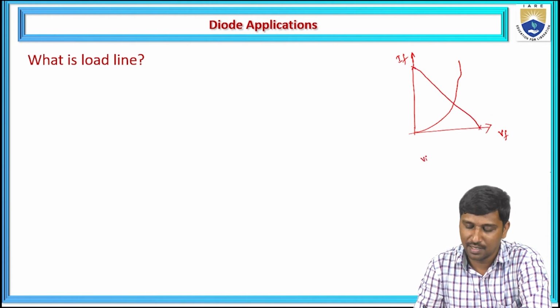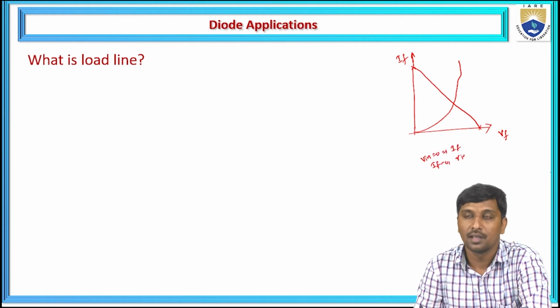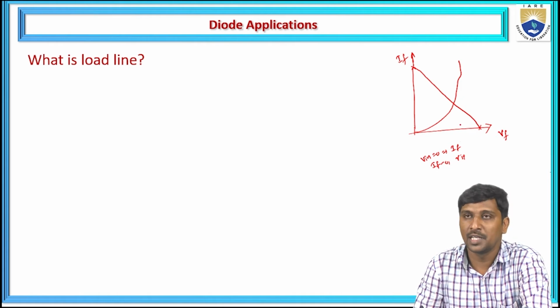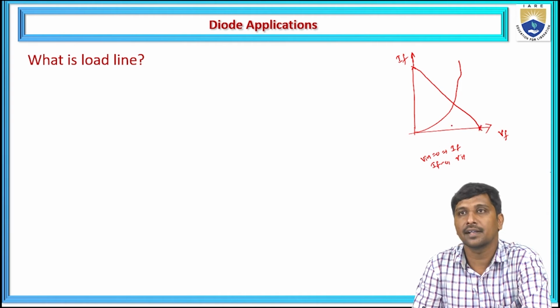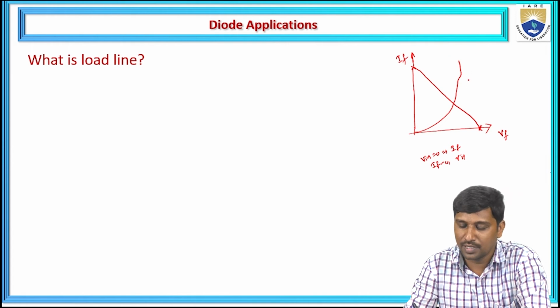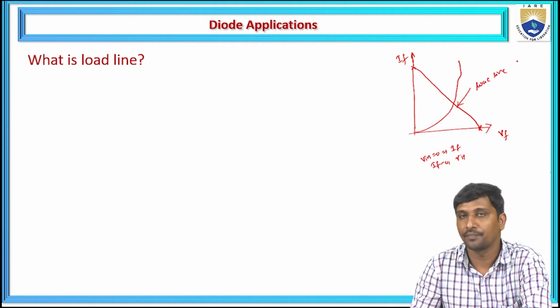What happens when Vin is zero? What is the current? If the current is zero, what is your input voltage? Based on that, we have the two coordinates. Then we represent the two coordinates on the characteristics curve of the diode, and the line joining the two coordinates of the DC analysis is the load line.